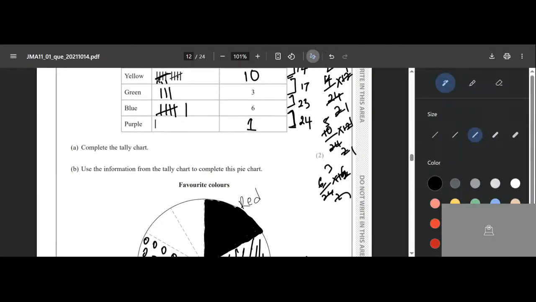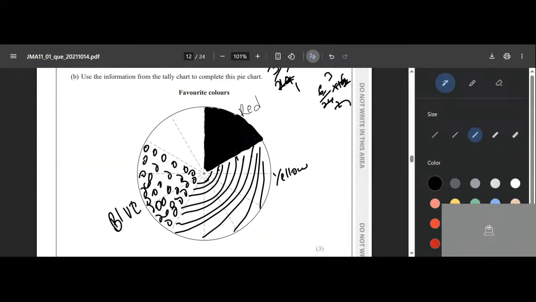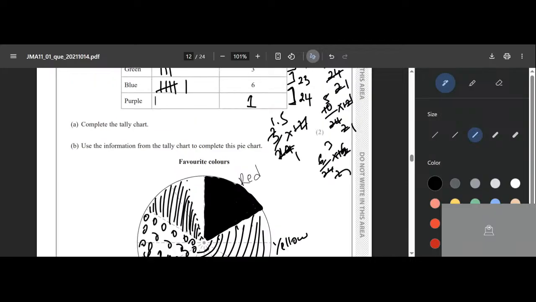You can see I had skipped green. Green, there are 3. So I just say 3 divided by 12 by 24 times 12. Now this is 1.5, 1.5. So a half of this is somewhere here. So let me just use some shadings so that it has to go all the way to a half. Yeah, so that is blue.